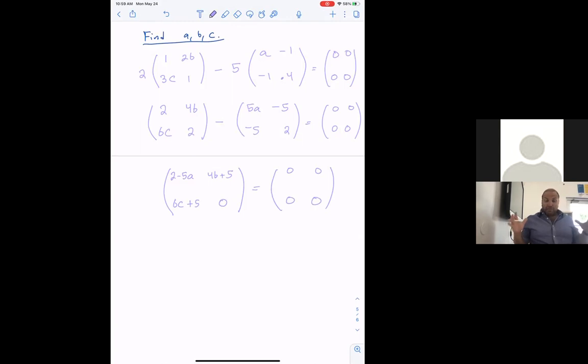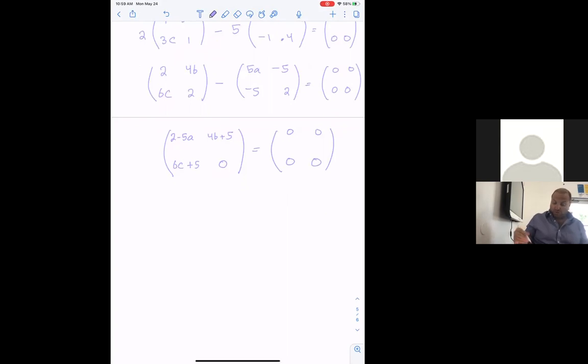Now remember, the first thing we learned about matrices was what it means for 2 matrices to be equal. It means they have the same dimensions, and corresponding elements must be equal. So the only way these 2 matrices can be equal is if 2 minus 5a is equal to 0, 4b plus 5 is equal to 0, 6c plus 5 is equal to 0, and if 0 is equal to 0.